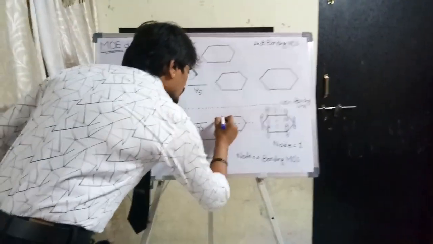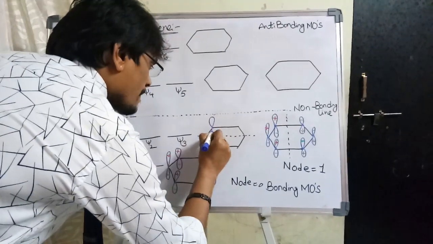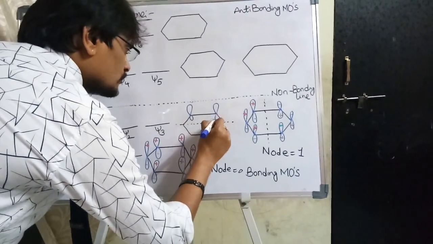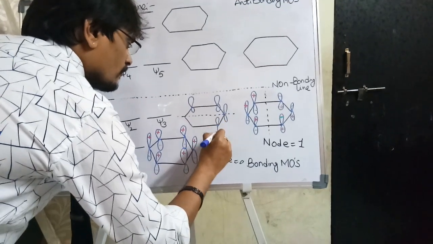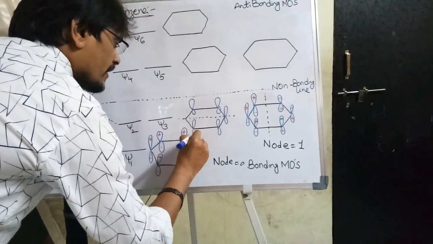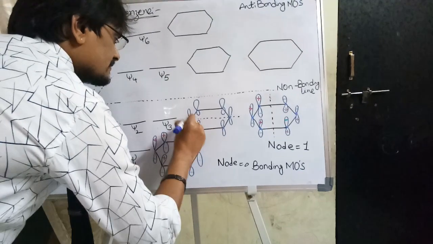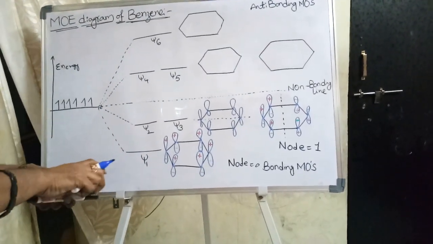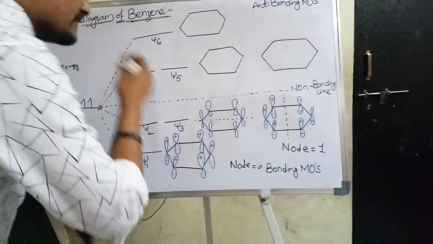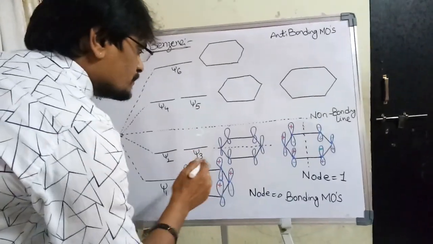Right. So now let us place the lobes. 1, 2, 3, 4, 5, 6. Let us place the sign, project the sign of the upper lobes.